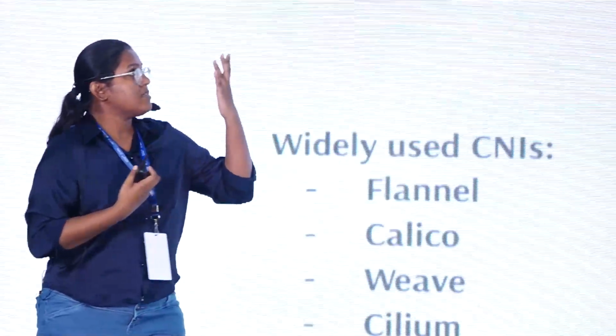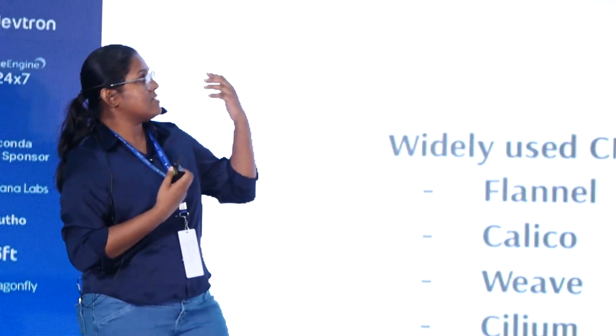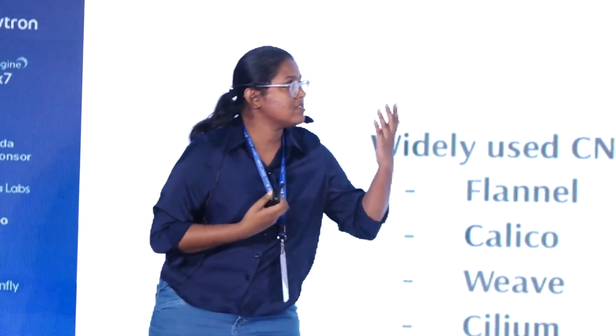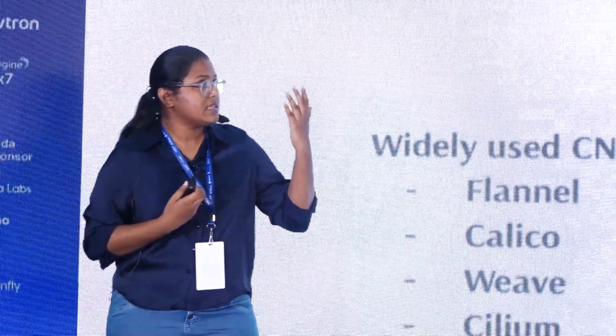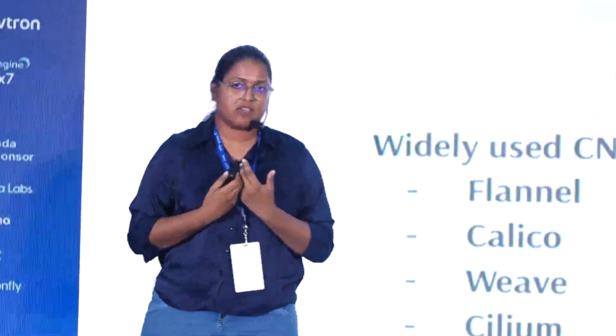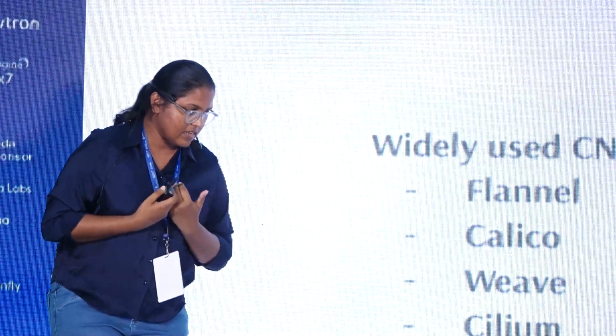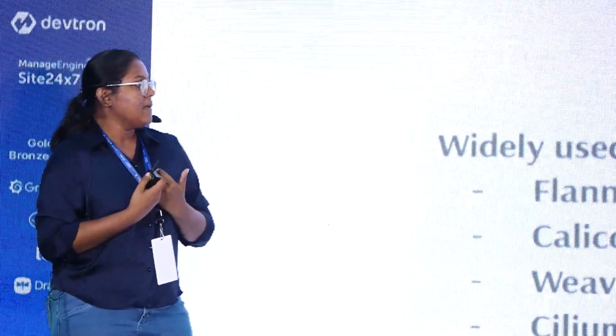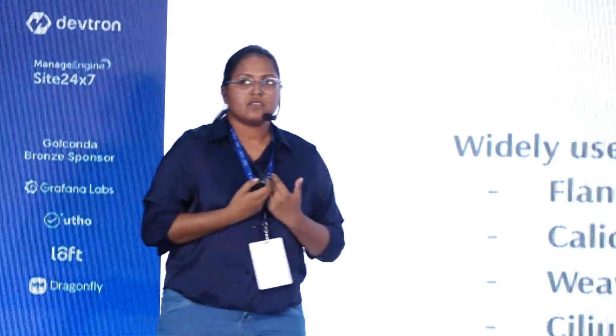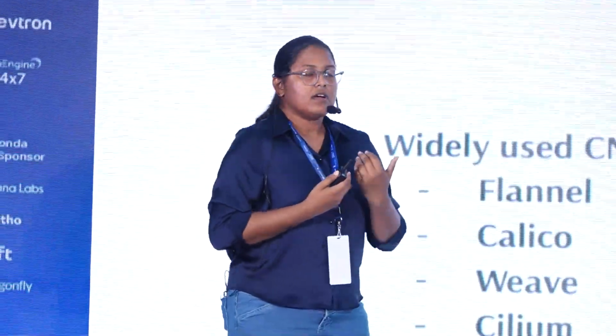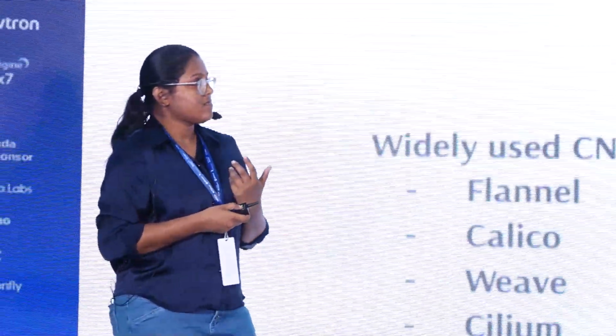If I give a definition, the CNI is a specification and set of libraries for configuring networking interfaces in Linux containers. Some commonly used CNIs are Flannel, Calico, Cilium, WeaveNet, like that.